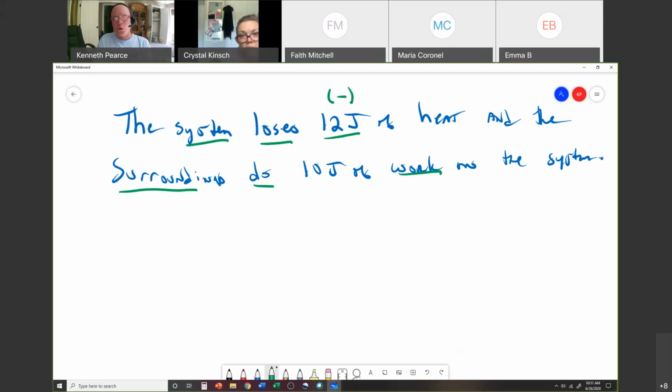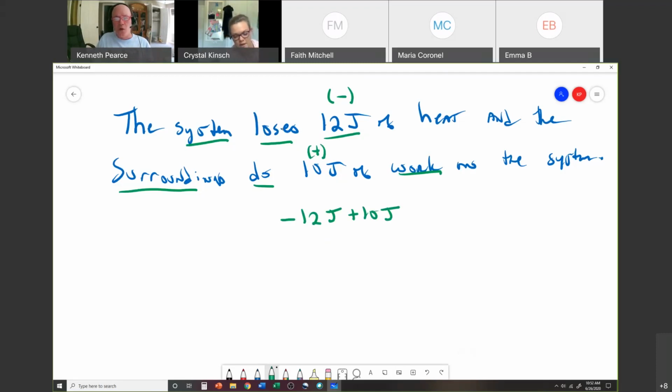So what's it doing work on? It's doing work on the system. So this is once again plus. So this is minus 12 for losing the heat, plus 10 joules for the surroundings doing work on the system.